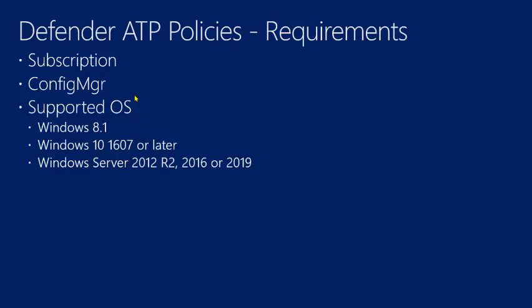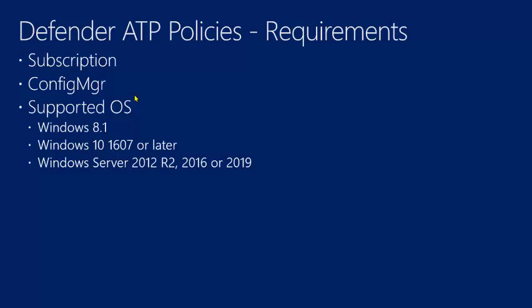One thing that we will see in a second, depending on the OS and the version that you're using, some of these OSs are called up-level OSs, some of them are called down-level OSs. So for example, Windows 10 1607 or better is an up-level OS. So there's a different way that you would go about onboarding that particular operating system.